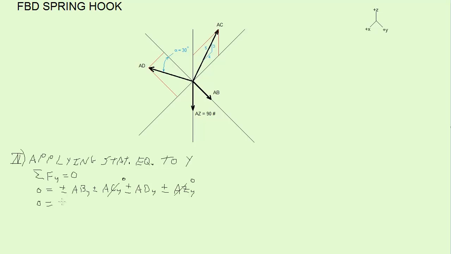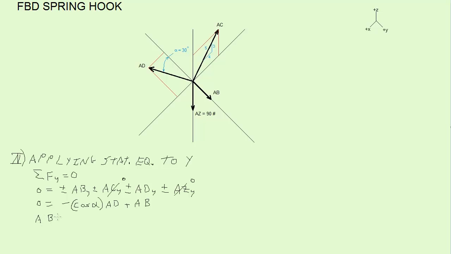So then 0 equals, AD's y component is a negative cosine alpha times AD, and AB's y component is simply a positive AB.